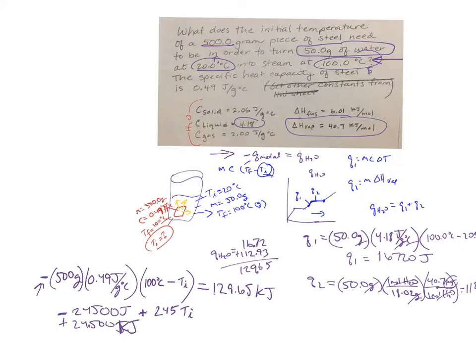So we get our 129.65 plus 24.5, and that equals 154.15 kilojoules equals 245 T initial. All I have to do now is divide, this is not making a good number, divide by 245.